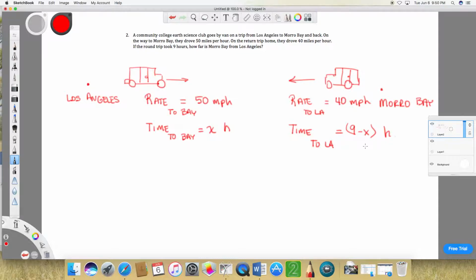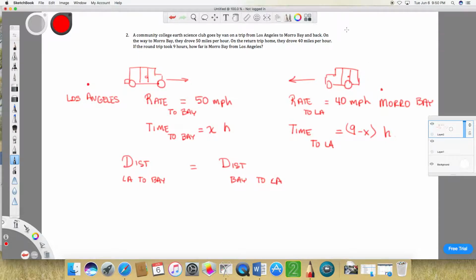So the distance there is equal to the distance back. The distance if you go from LA to this bay is the same distance as if you go from the bay to LA. The direction doesn't change the distance, right?